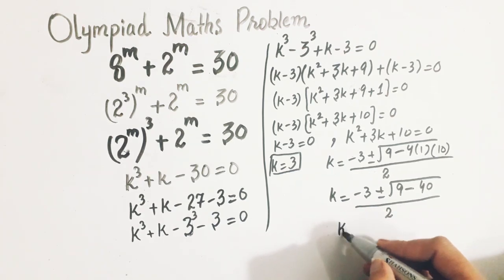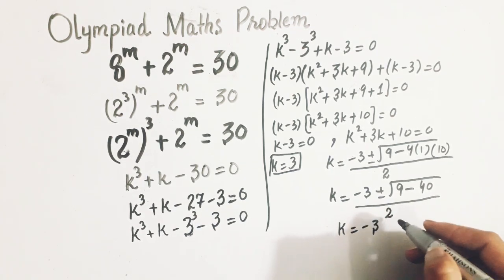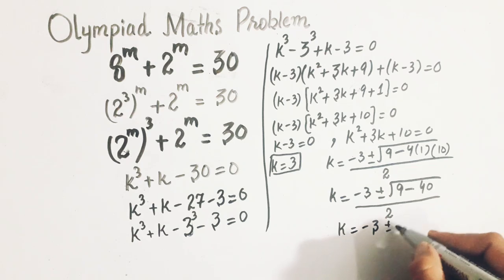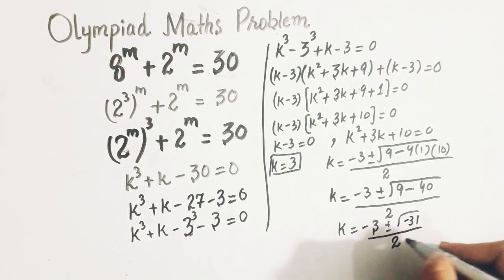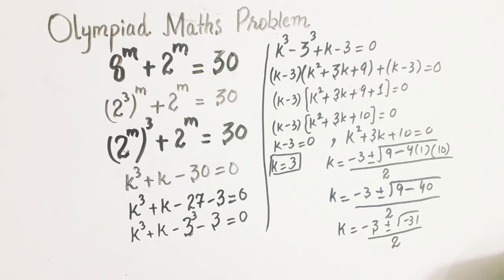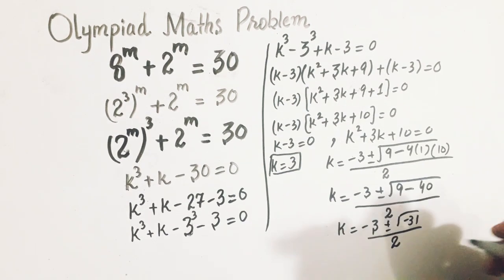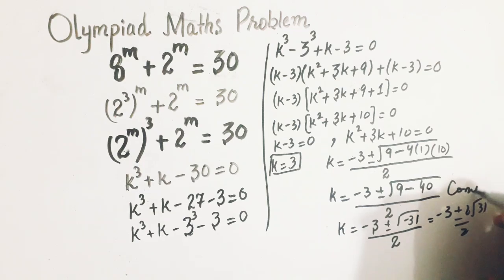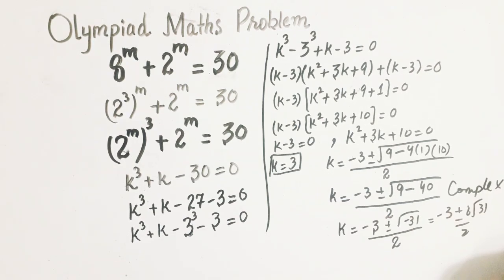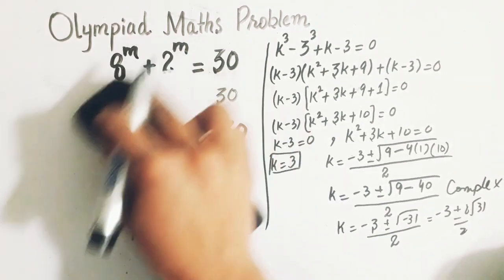So k equals minus 3 plus minus root of minus 31 divided by 2. This is the complex root, minus 3 plus minus iota root 31 divided by 2. So this is complex; we will take only the real root.